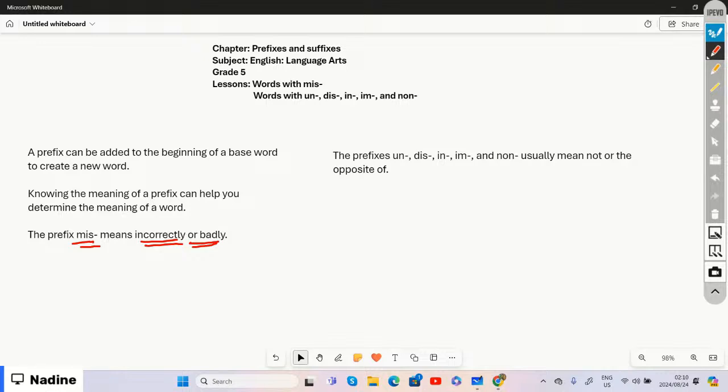All right, so now we're going to look at a few words starting with mis.